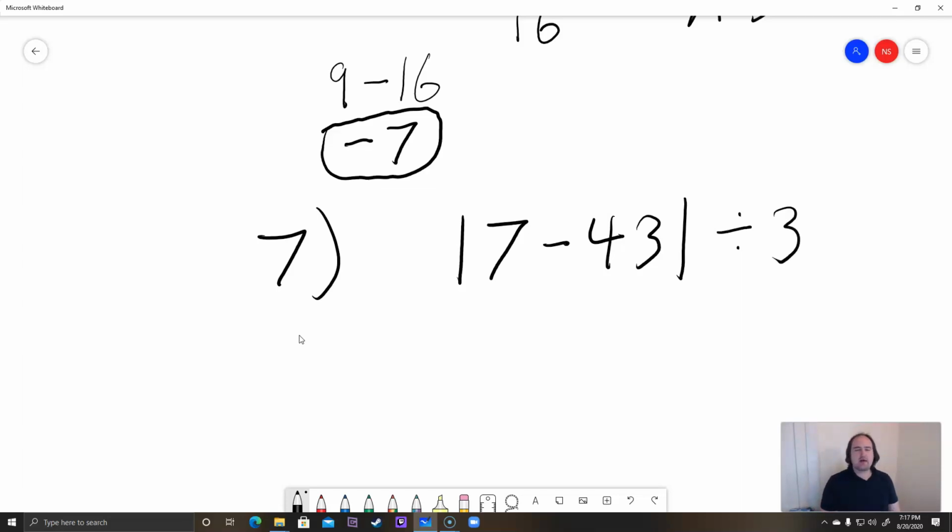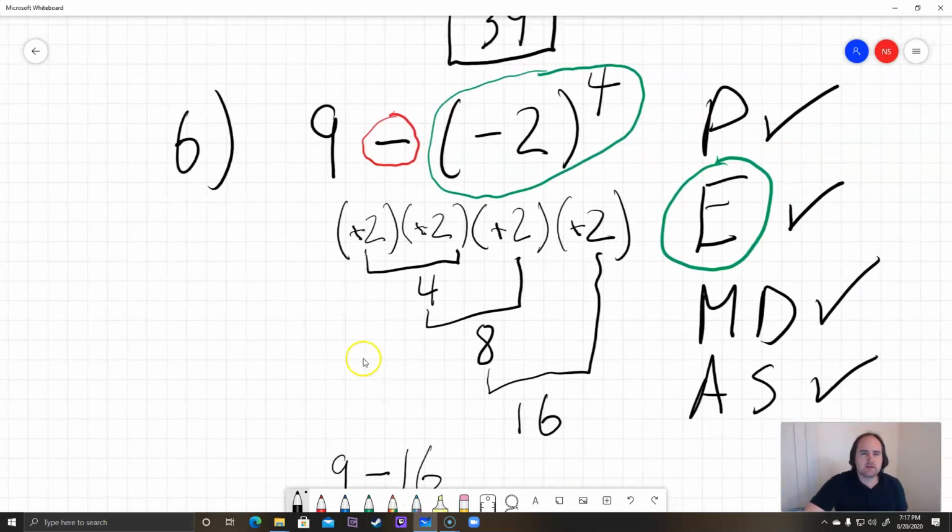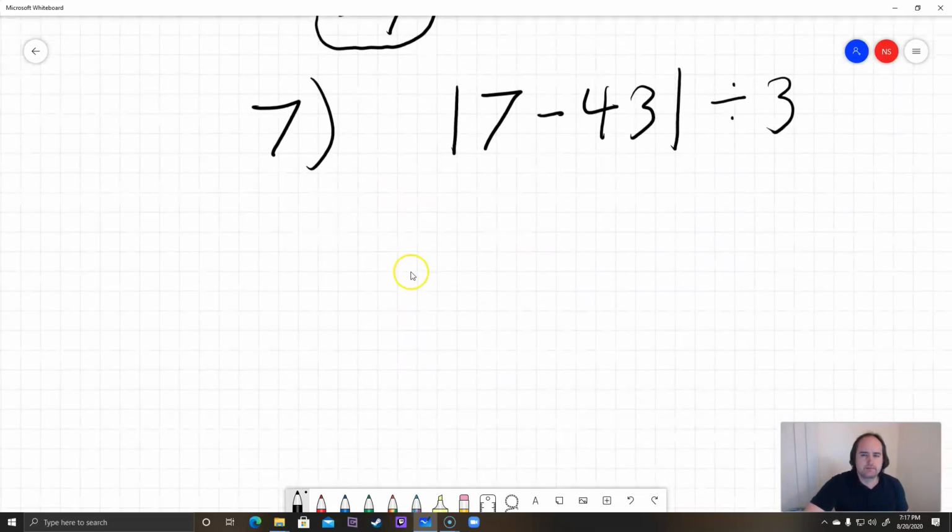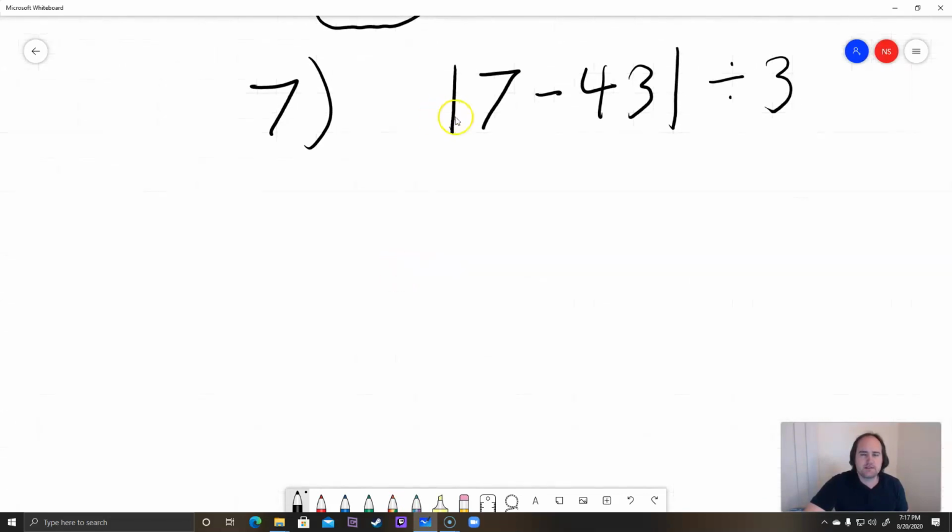Okay, absolute value of 7 minus 43 divided by 3. So the new thing in this problem is actually just the absolute value. That's the new thing.